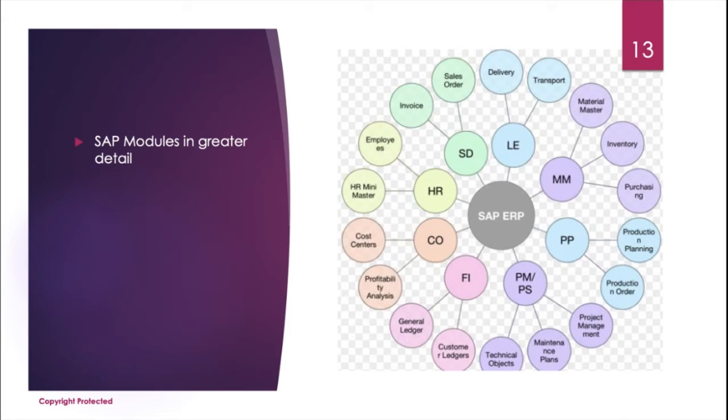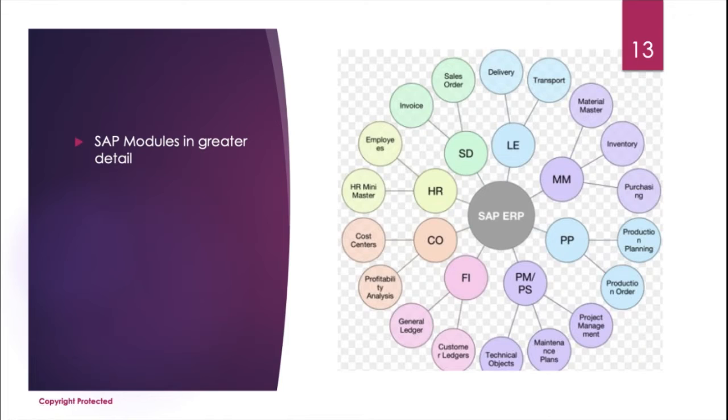There are different kinds of ledgers available, and we will go into a little detail later. Then there is also the customer ledger, where we find out how much money has come from the customer, what is yet to come, what the pending amount is, and what amount we are supposed to recover from the customer. That data will come there. There is another module, in fact there are two modules.